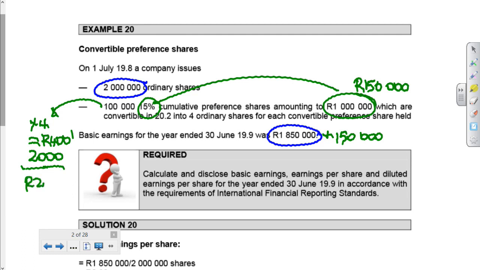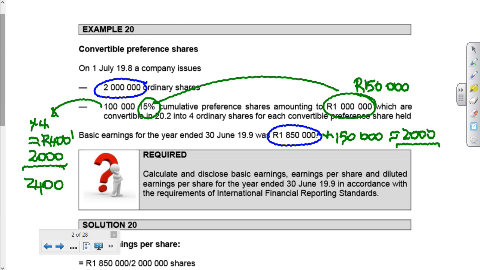Jeepers, I keep putting in hands. 2400 and profit 2 million. So there I could put the rands. I don't, and there I kept wanting to put the rands.